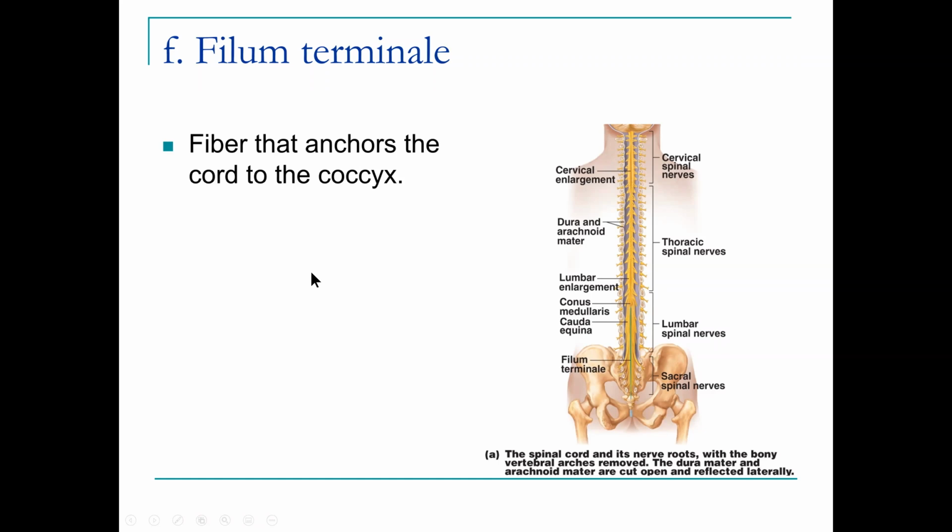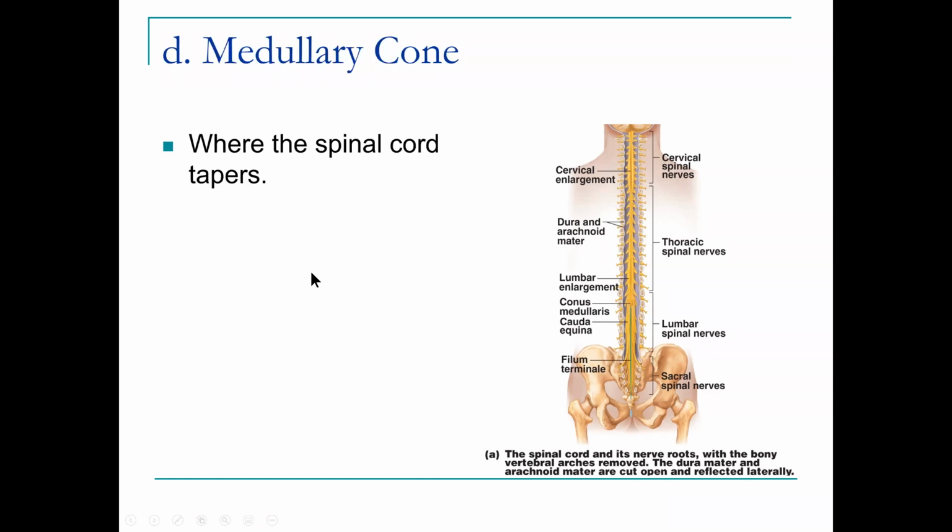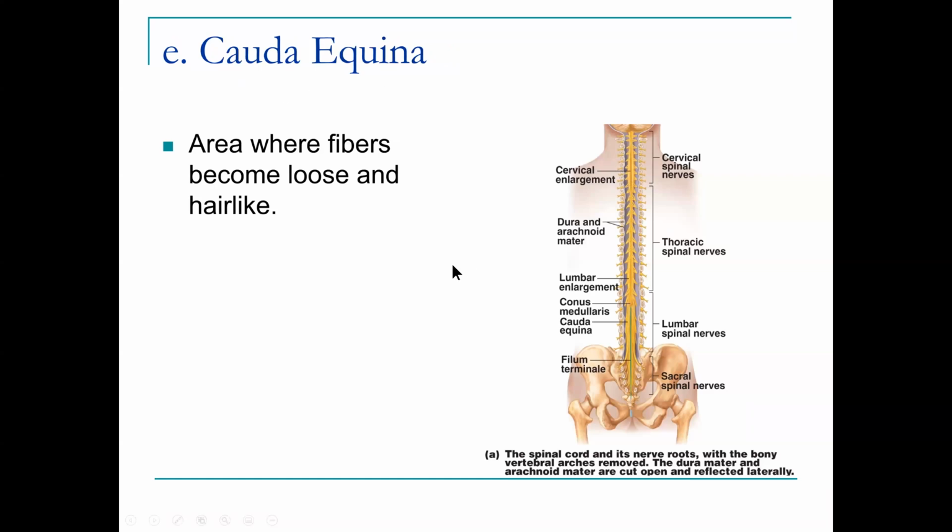So we have that enlargement place called the conus medullaris. We then have a cauda equina. And if you've heard of a caudal block, somebody had a caudal block for delivery, and they went in at L2, L3, L4.